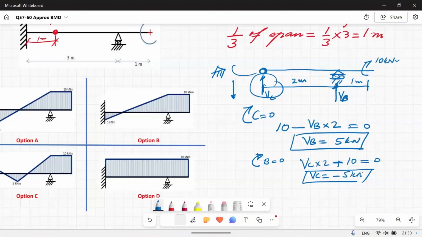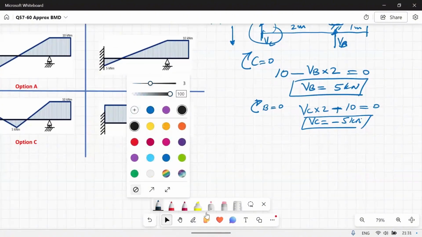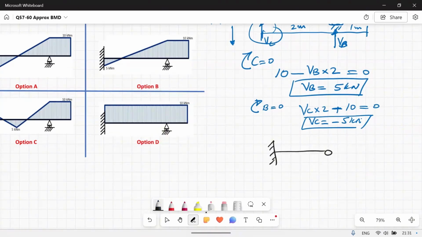So once we have this direction, then we can draw the right side. We have a pin over here, we have a downward reaction 5. It means that on the left side we will have an upward reaction of 5, and this distance is 1 meter, and 5 is creating an anti-clockwise moment with respect to the fixed support. So the reaction moment will be a clockwise moment.